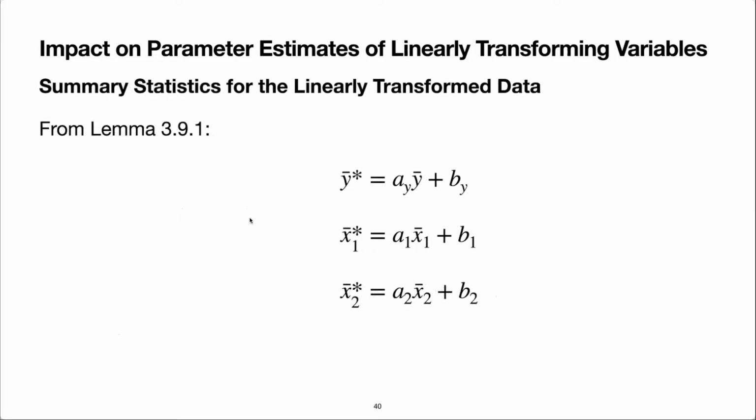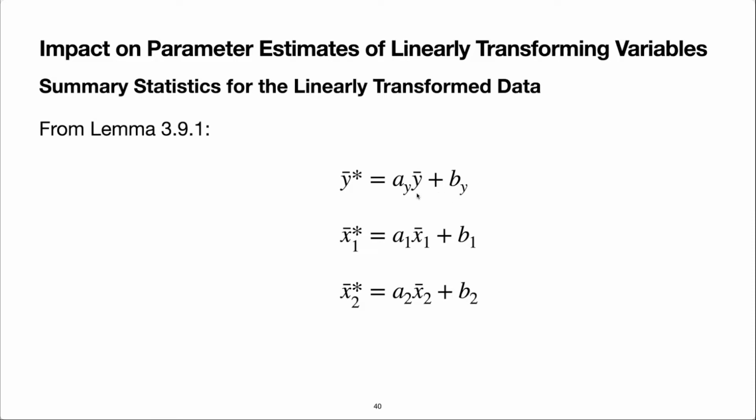Now, recall from lemma 3.9.1, applied to this situation, it would tell us that y bar star, the mean of the y star variable, the transformed response, is equal to a sub y times y bar plus b sub y.